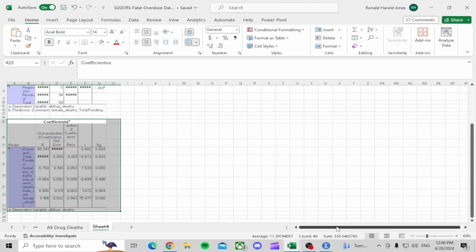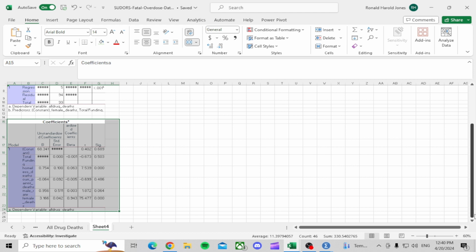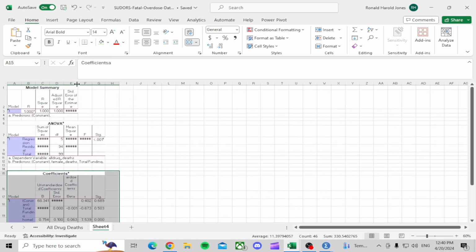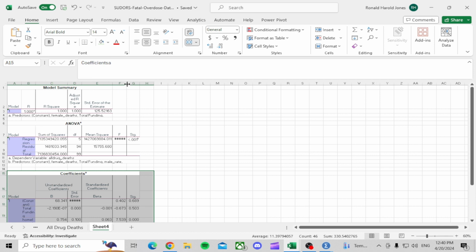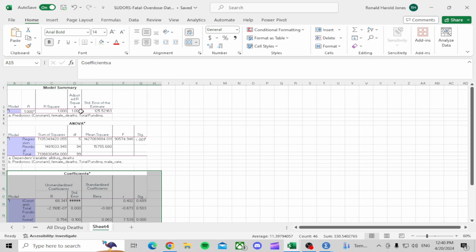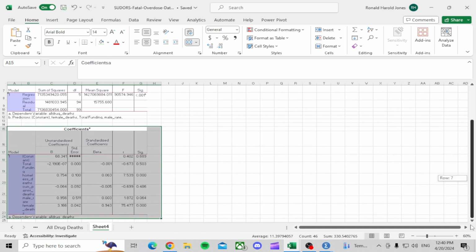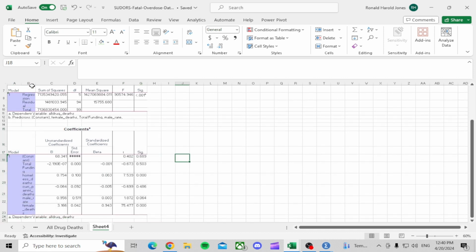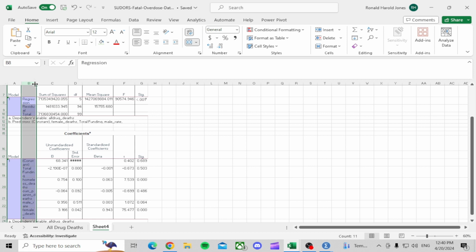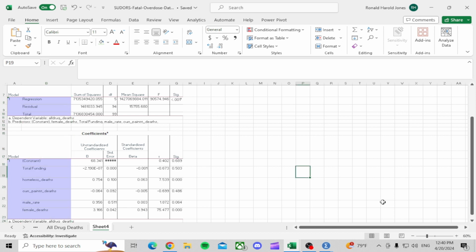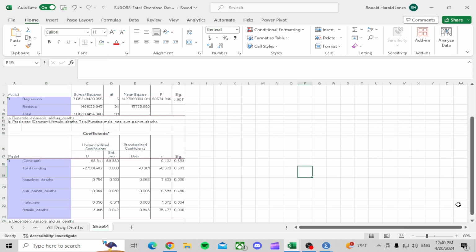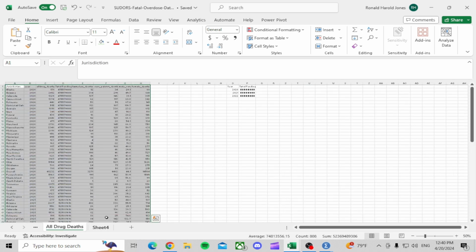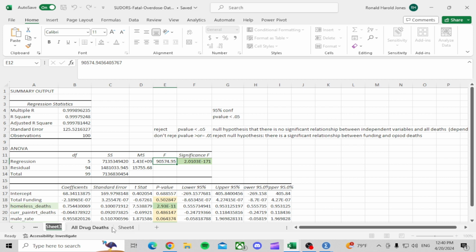This is pretty ugly, but what I want you to see is that we've run our linear regression model, and we've gotten our answers here. Let's compare these side by side.